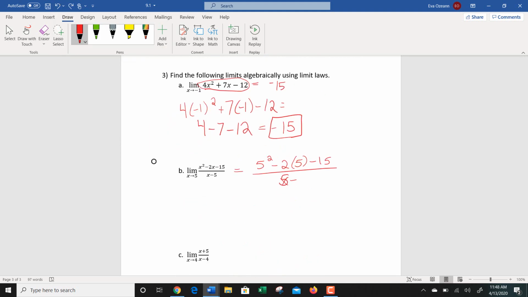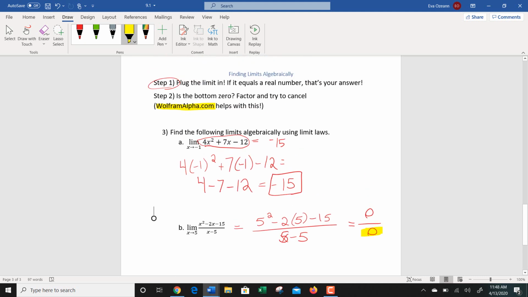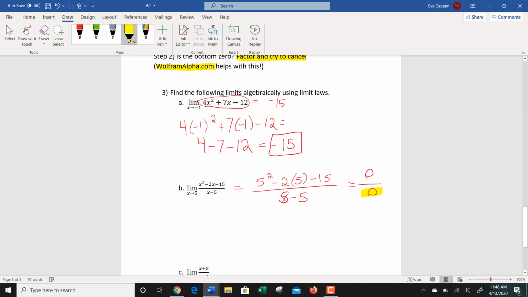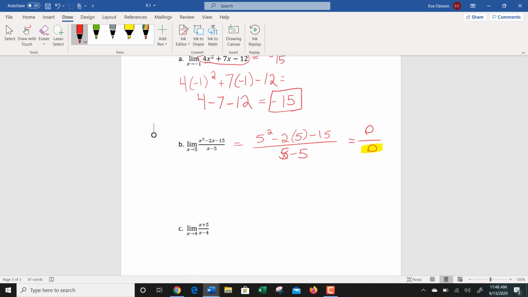That's actually going to be 5 minus 5. My bad. So, let's see. On the top, I'm going to have 25 minus 10 minus 15, so that's going to give me a 0 over 0. Uh-oh! What just happened? I have a 0 on the bottom. So what do I need to do? I need to factor and try to cancel. So let's try to factor this.